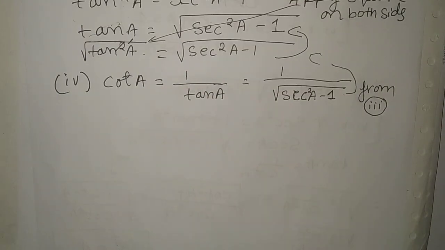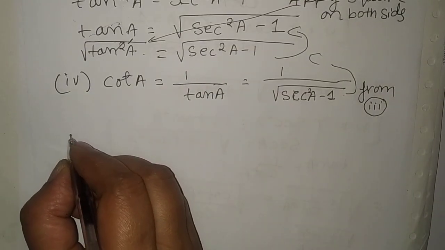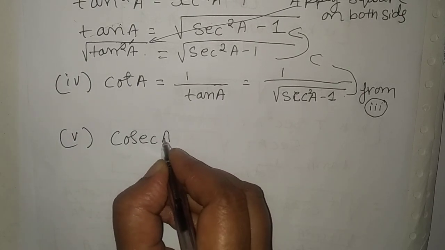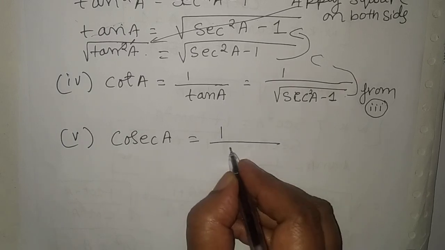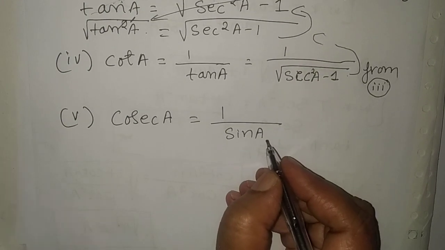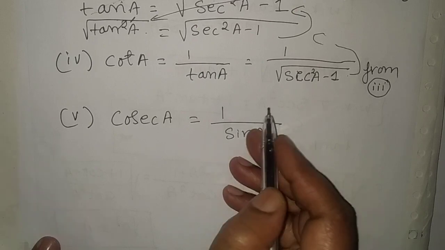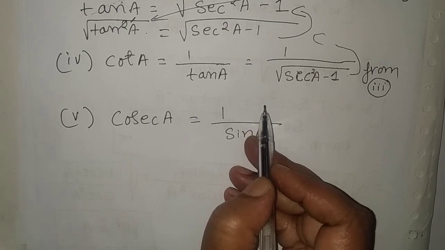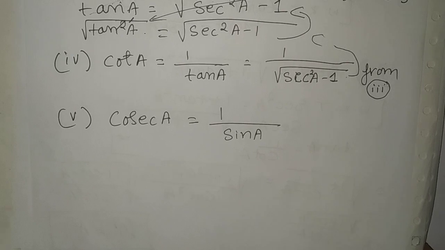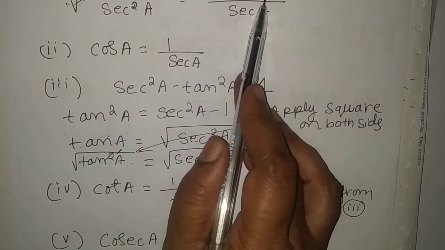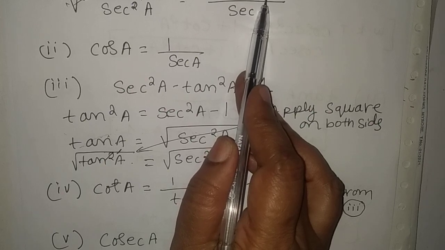After this we have the fifth one, cosecant A. Cosecant A is equal to 1 by sin A. Now we have to write this one also in the secant form. So sin A we have from the solution 1.